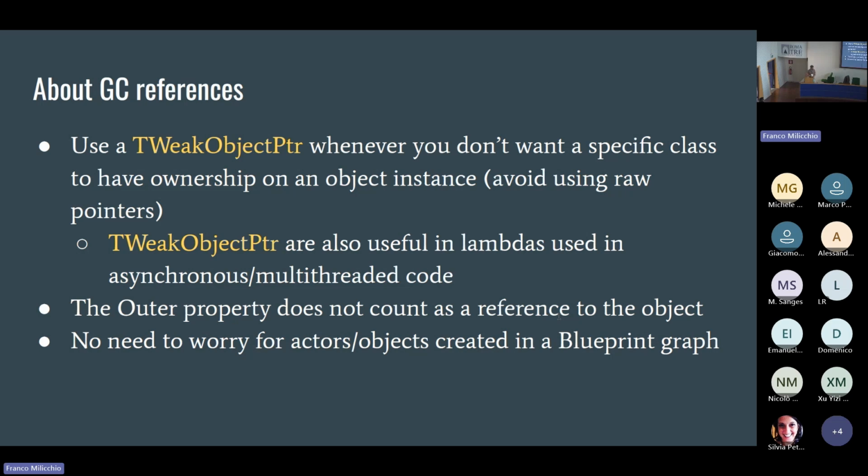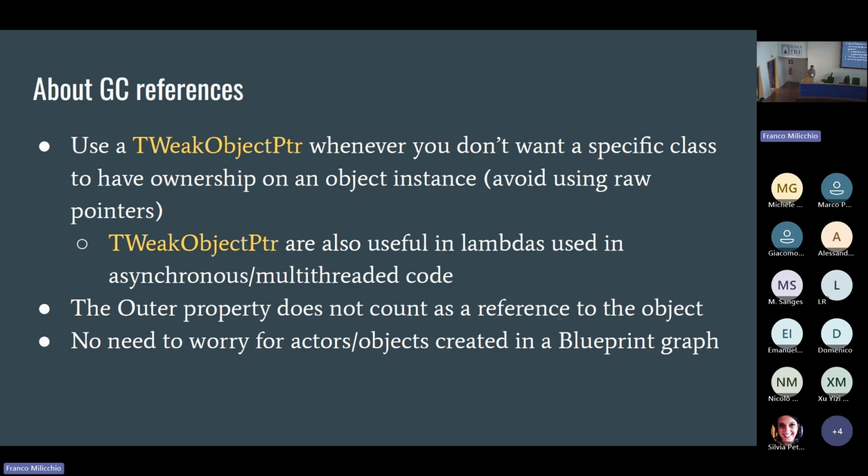Unlike some discussion that I found online, the outer property does not count as a reference. So when you create a new object, you pass the outer, even if the outer is referenced by some other variables, that won't count as a reference by the new object that you have just created.